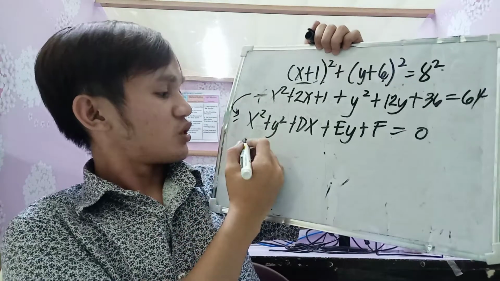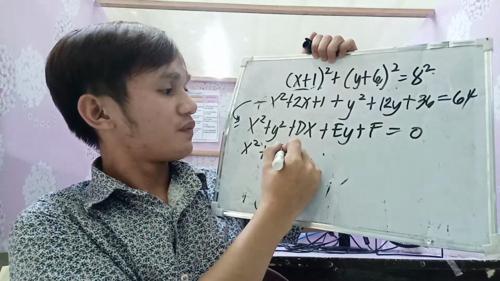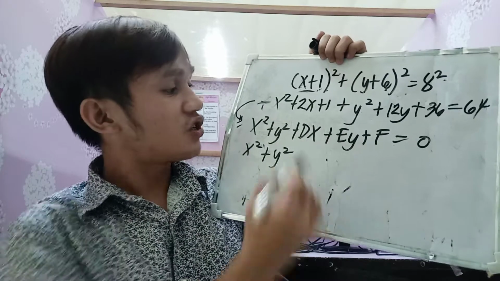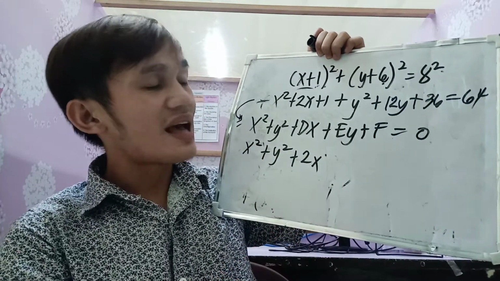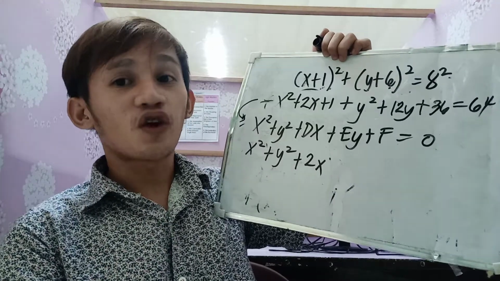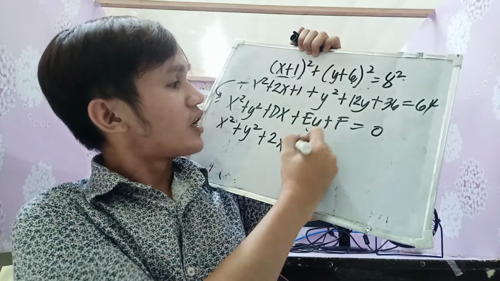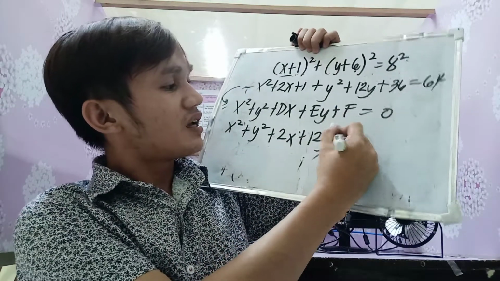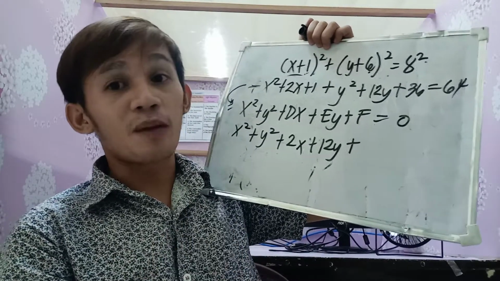So x² plus you have here y². Whatever the number with x, that is your d already, 2x, unless there is a term that you need to combine, then e, which is 12y, plus your f, the constant numbers.